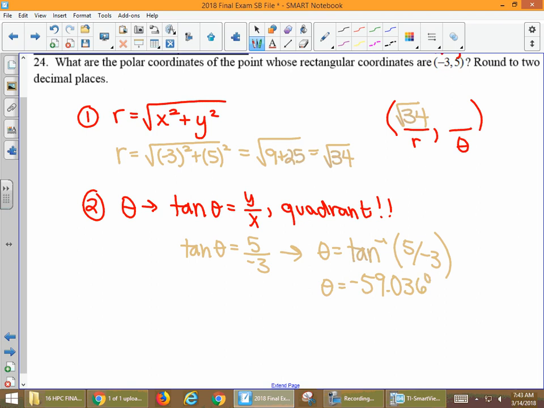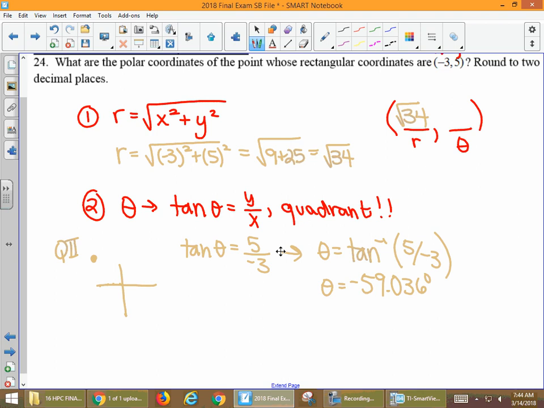So think about what quadrant our original point is in. Our original point is at (-3, 5), so it'd be over 3 this way and up 5. So our original point is in quadrant 2. So how does -59.036 transfer over to quadrant 2?